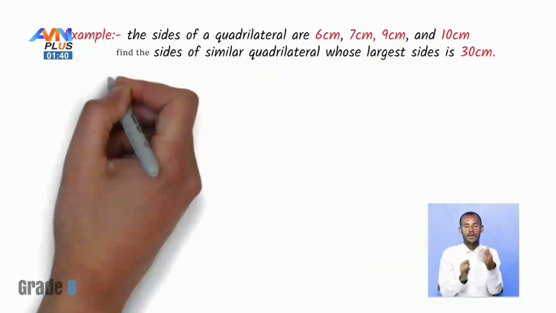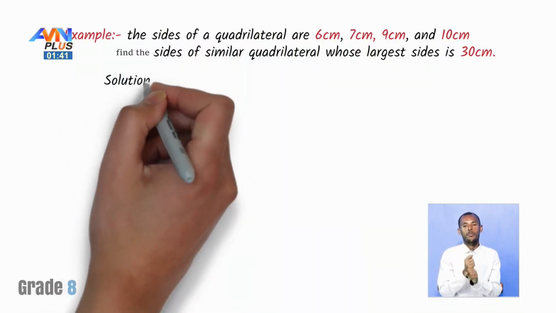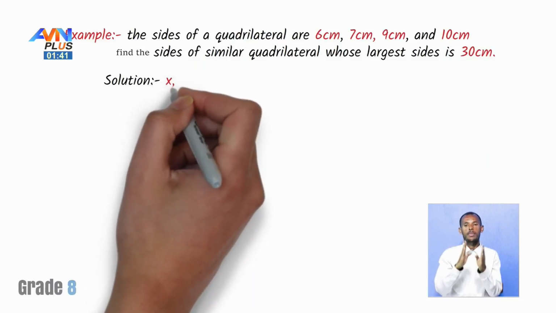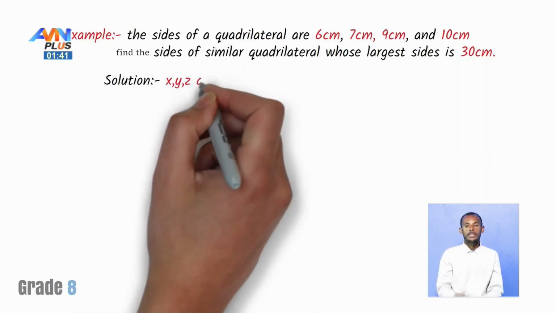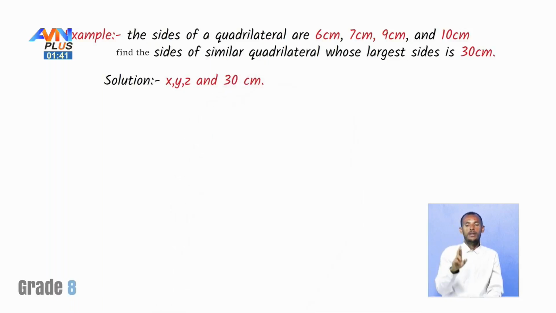So this is how we do. Let the sides of the unknown quadrilateral be X, Y, Z, and the largest one is known, which is 30 centimeter, right?